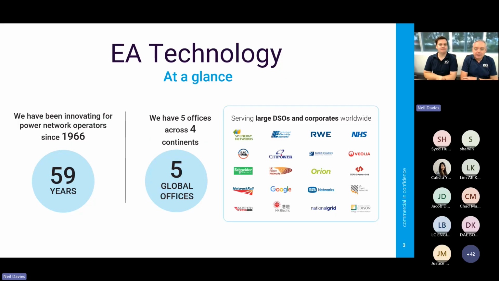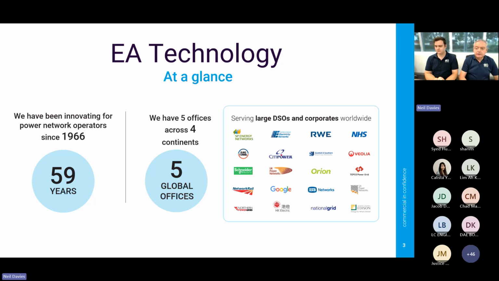Okay, so we are EA Technology. We've been here for a long time now, nearly 60 years, operating and innovating and working with owners and operators of power networks, so the electricity companies and all the large users of electricity.